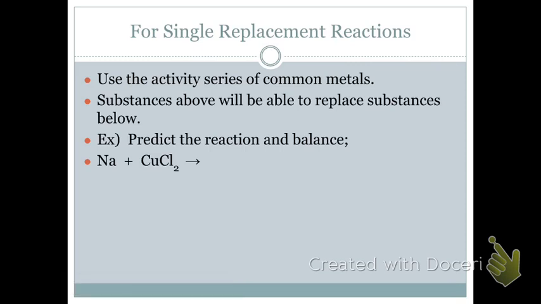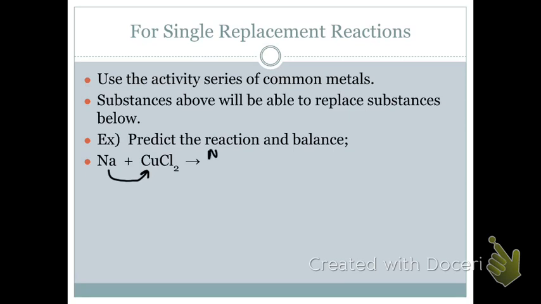Well, what we know, first of all, is that this sodium will replace the copper, right? But if you go ahead and look on where it says single displacement, there's an activity series. If you find sodium, it's maybe the 5th one down, and then copper is pretty far down, right? It's below hydrogen, antimony, arsenic, bismuth, and copper. So sodium is above copper, so therefore it can actually replace it, right?